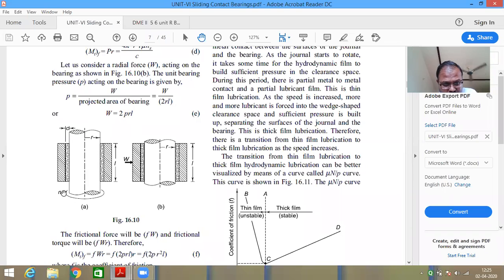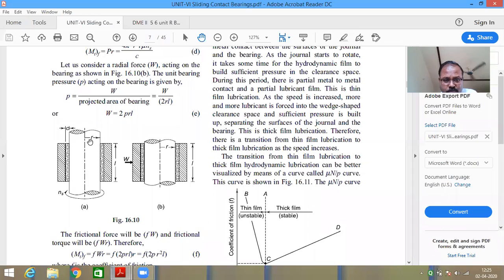This is the rotation. Rotational speed will be denoted by ns, and the radial load to which the bearing will be subjected is W. The length of the journal will be equal to the length of the bearing also. It will be small l. So these are the geometrical parameters.